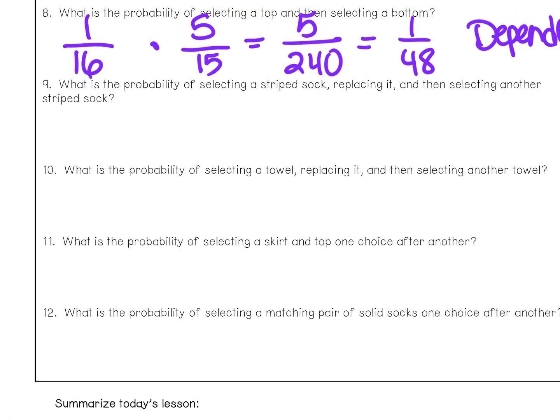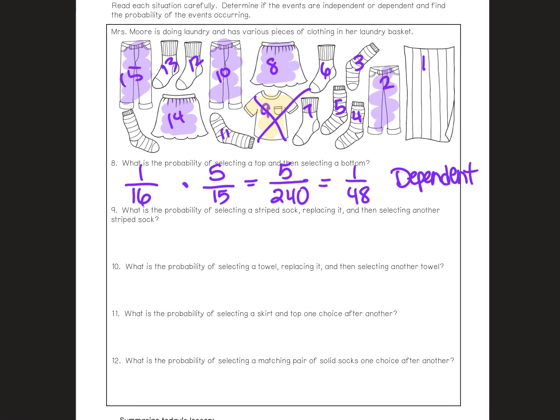What's the probability of selecting a striped sock, replacing it, and then selecting another? Okay, we have a total of 16. How many are striped socks? Oh, look at me, I'm counting stripes. That is so funny. Let's get something clear first of all. This is ribbing. These are stripes.